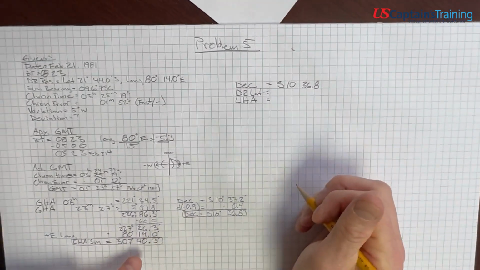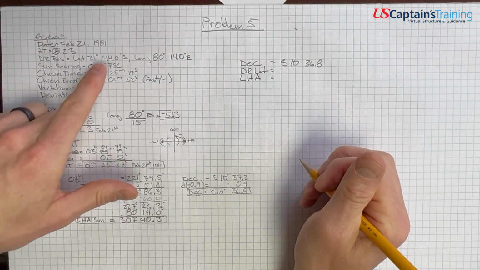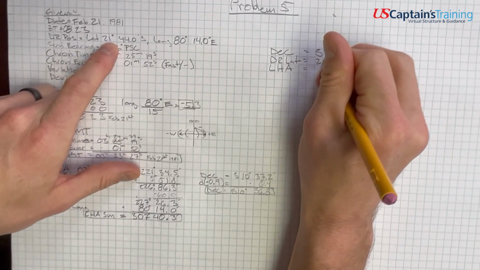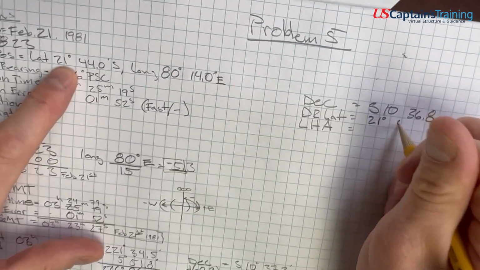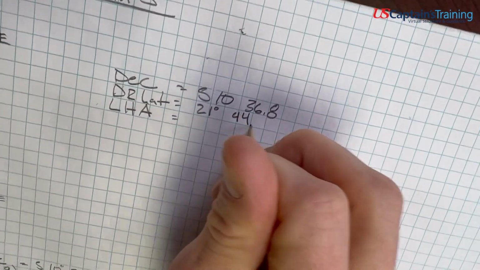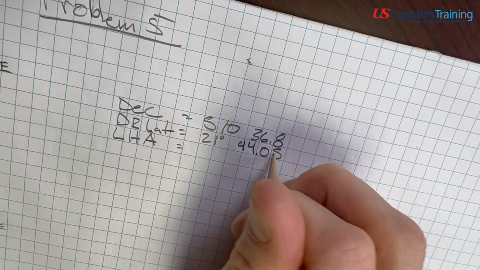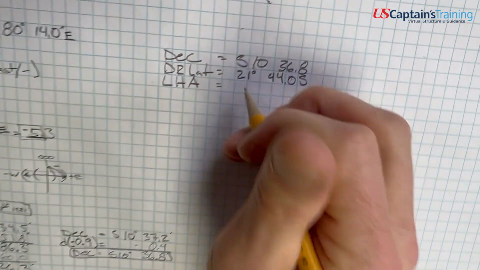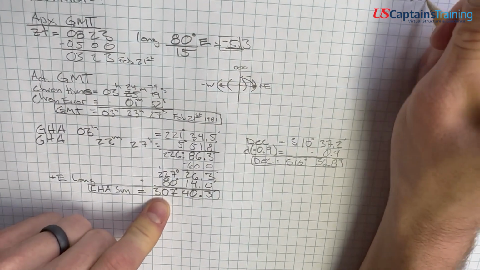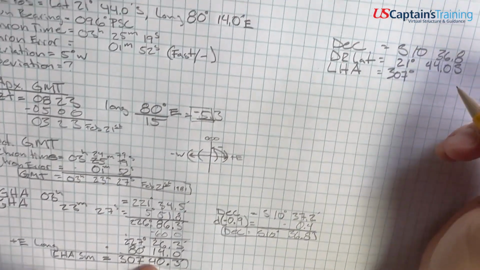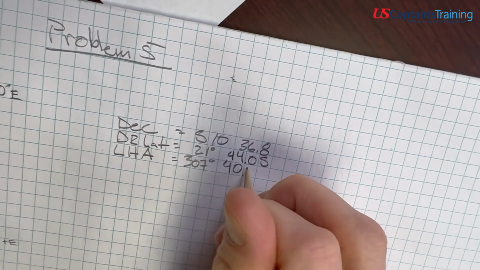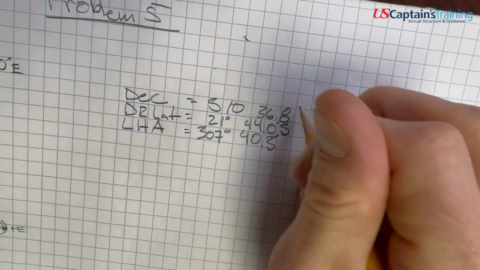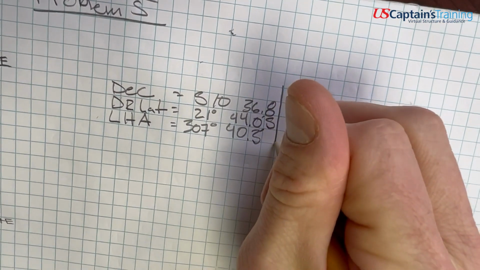And our DR lat is here, 21 degrees 44.0 south. And our LHA is 307 degrees 40.3 minutes.